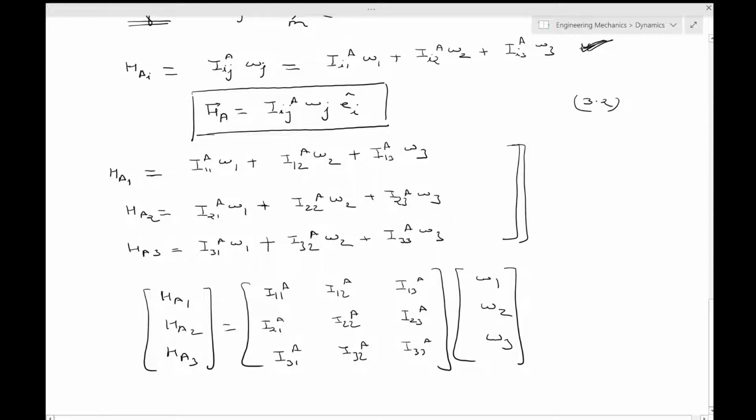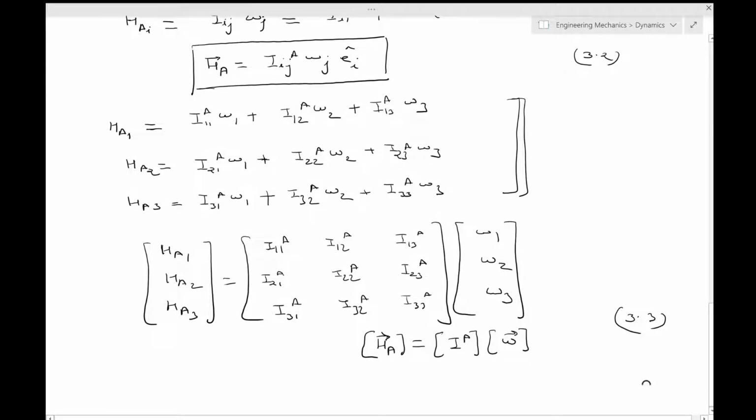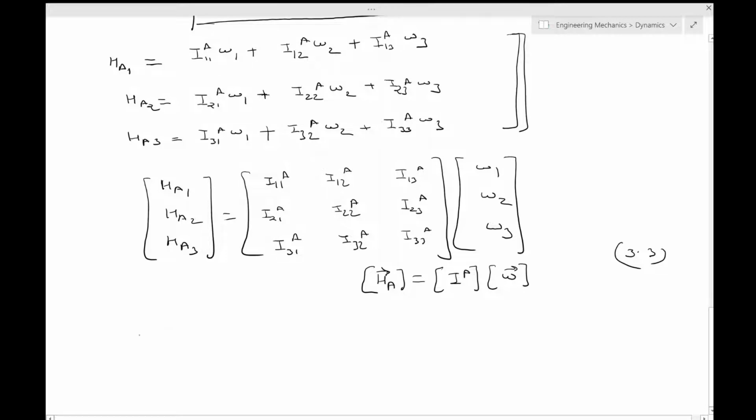You can also write the whole thing in vector form. HA is equal to IA into omega. This is 3.3. So over here, HA will be equal to HA1, HA2, HA3.